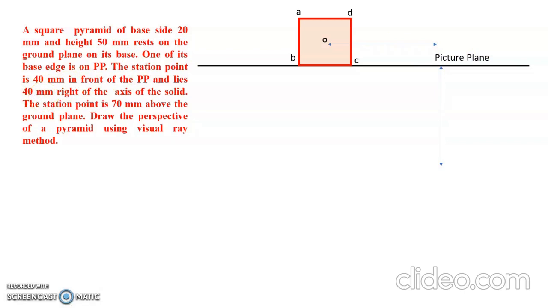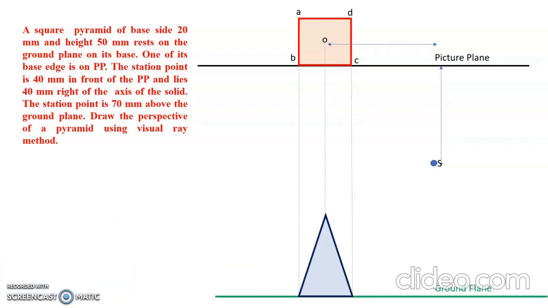Also 40 mm in front. So 40 mm in front and 40 mm right of the axis. So now we have fixed the station point and we have to connect all the corners with the station point.